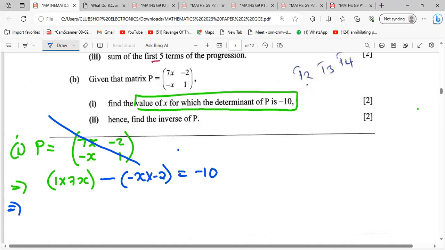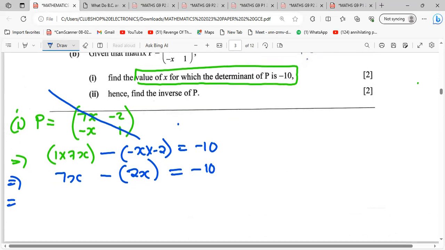So when we multiply 7x minus negative x by negative 2, the positive 2x, is equal to negative 10. This implies that 7x minus 2x equals negative 10.